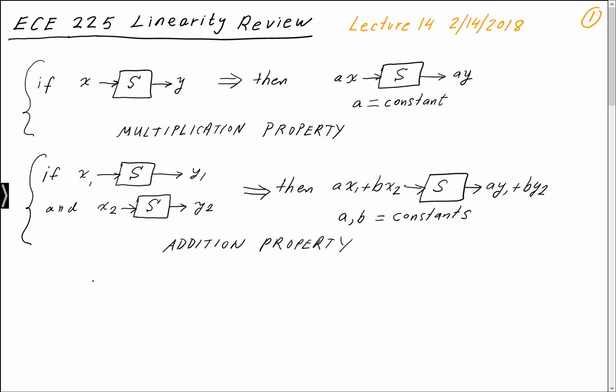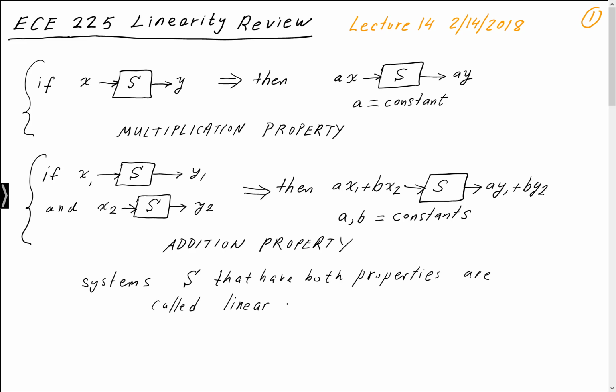And the point about all this is that systems S that have both properties shown above are called linear systems, which means the property of linearity applies to those systems.